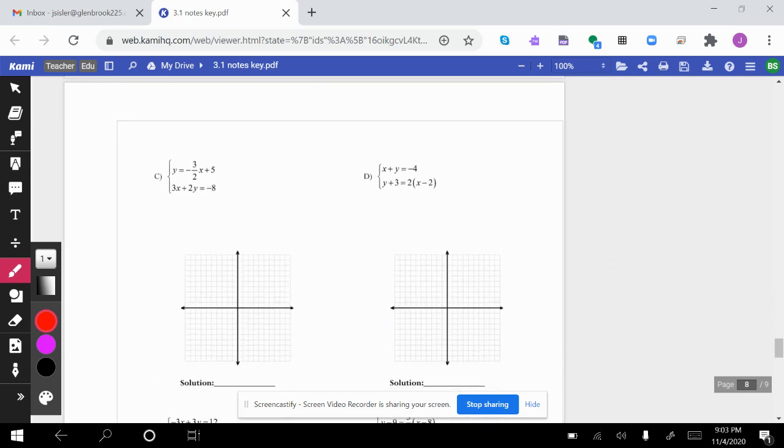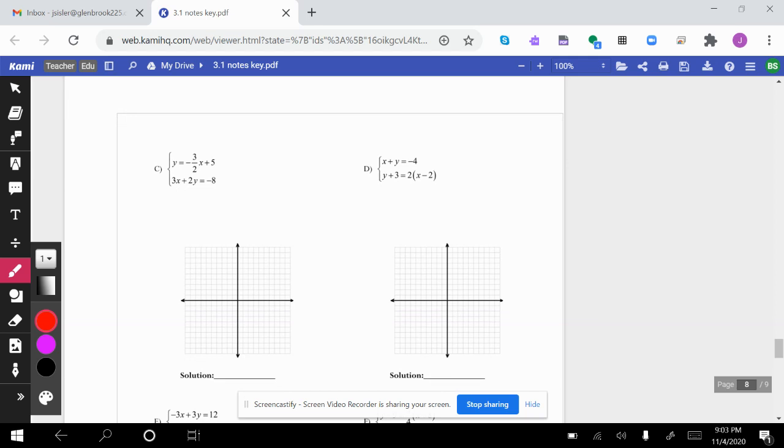Okay. So for letter C, we're going to want to convert the second equation. We can first graph our first equation. So we have a slope of -3/2, and we have a y-intercept of 5.